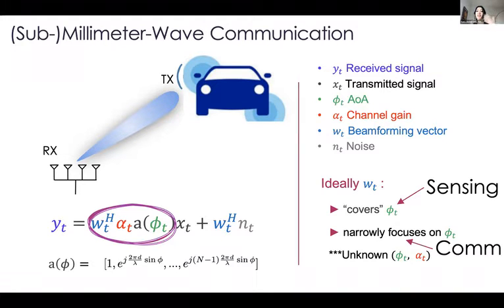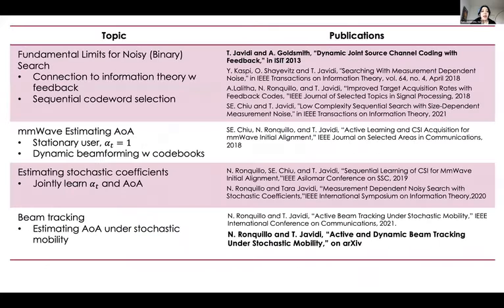It's a soft communication and sensing question, independent of what X_t is, whether it's a pilot or whether you know it or not. This is a long list of publications that we have had on this topic. The reason I put it up is to refute what Robert was saying in terms of theory being easy and fast. The first paper that we posted was an information theoretic version of this, connecting joint source channel coding with feedback to this tracking problem, where you can think of the source coding part as the sensing and the channel coding part as the part that allows you to communicate.